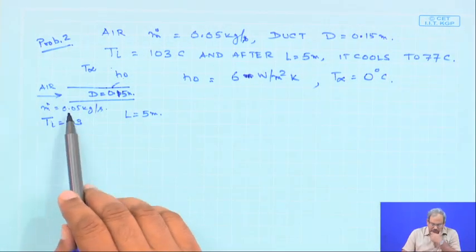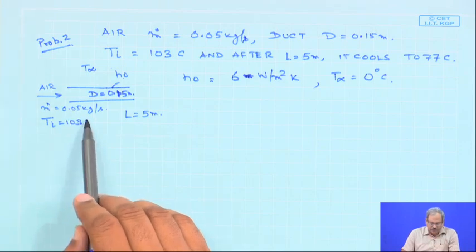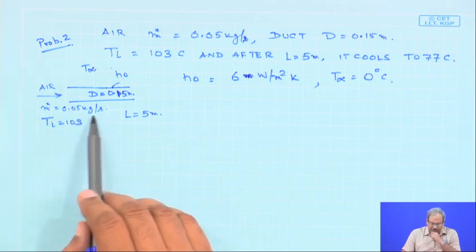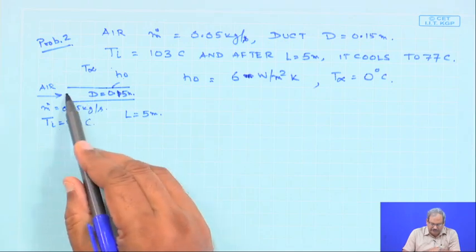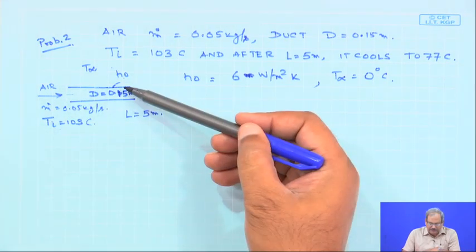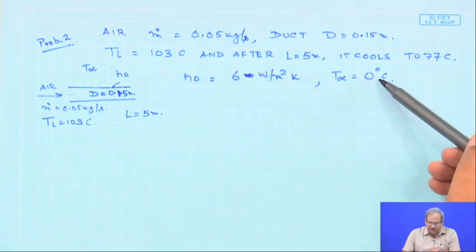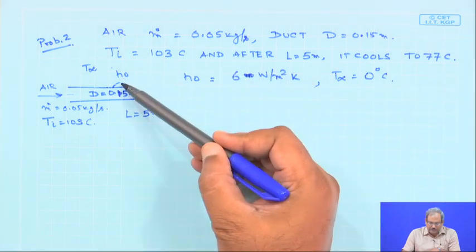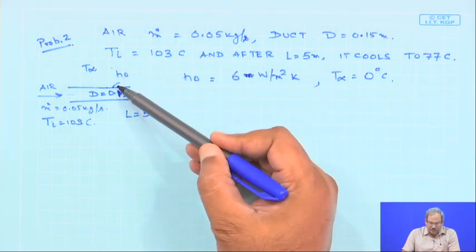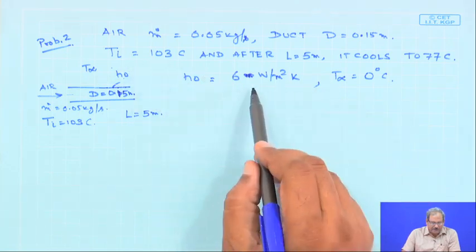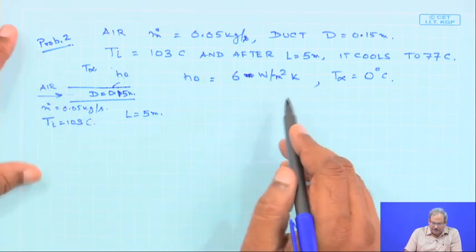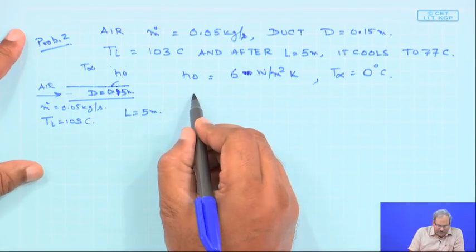So, air flows at a mass flow rate of 0.05 kg per second with a temperature of 103 degree centigrade. It enters the duct, and the duct is exposed to air at 0 degree centigrade with the heat transfer coefficient between the outside of the duct and the atmosphere as 6 watt per meter square per degree Kelvin.